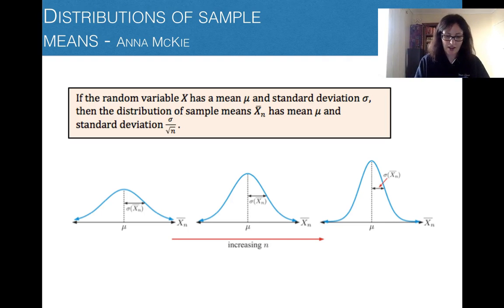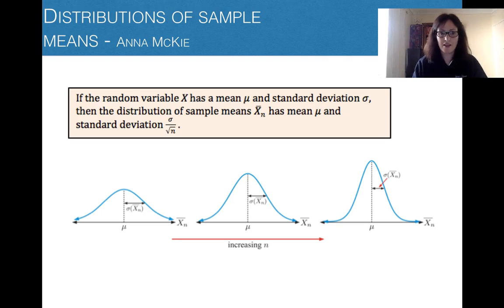So summarising, if the random variable x has mean mu and standard deviation sigma, so that was just doing a spin and getting 1, 2 or 3, then the distribution of sample means x bar n has the same mean of mu, and this time around a smaller standard deviation of sigma divided by the square root n. So it means over time that the numbers will be less spread out as you take samples of them.